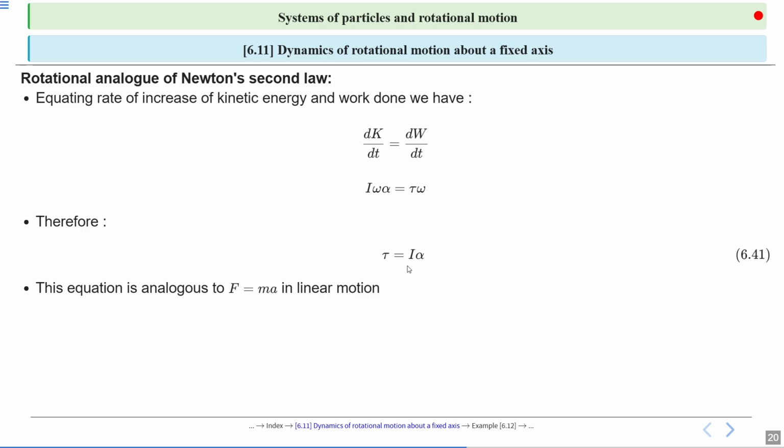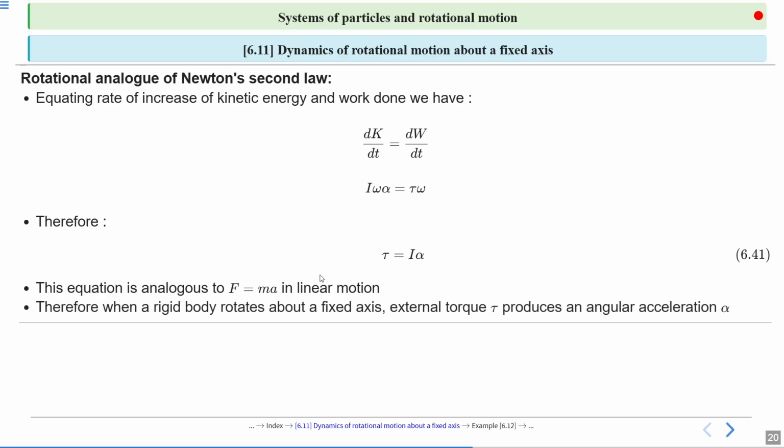Alpha is angular acceleration in rotational motion, but in linear motion, a is linear acceleration. So tau is the force analogue in rotational motion and F is the force in linear motion. I think this is clear. This is analogous to F is equal to ma. Therefore, when a rigid body rotates about a fixed axis, external torque tau produces an angular acceleration alpha.